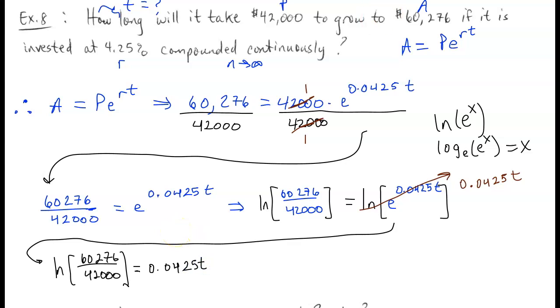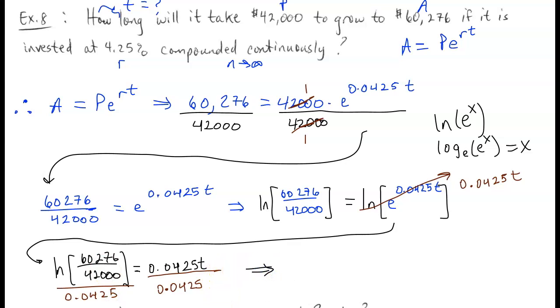This pen is starting to really act up. Sorry about that, y'all. And then, of course, the last thing that we want to do is just divide both sides by 0.0425. And that will get us what we need for our final answer there.